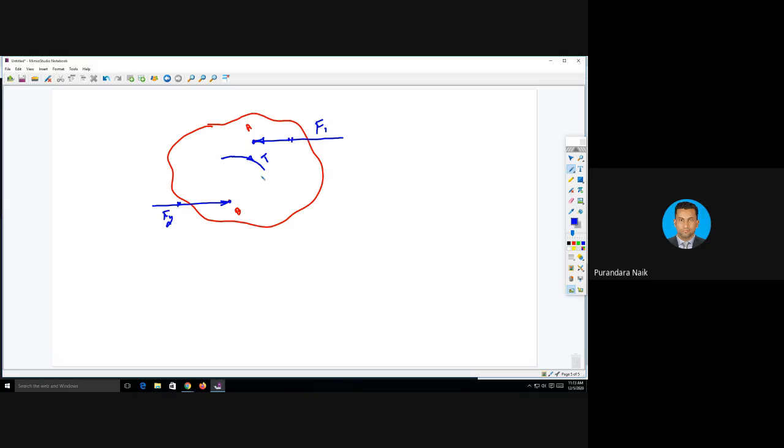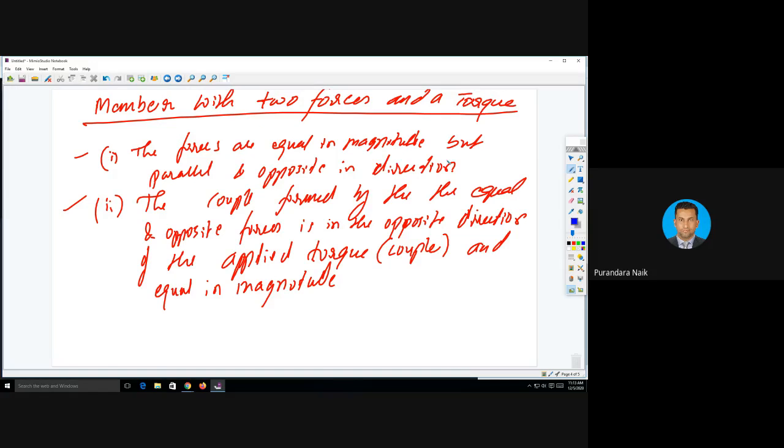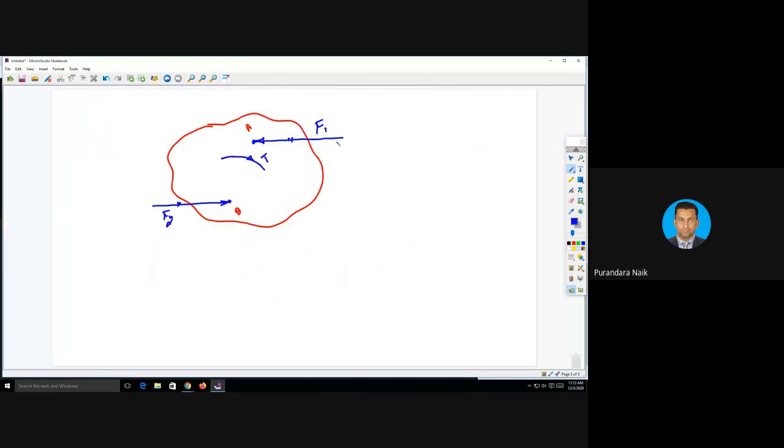I have drawn them parallel, but they should also be opposite, not in the same direction. Parallel and opposite in direction, so the first condition is satisfied. Second condition: let us consider I have a body, one force is acting like this, another force is acting like this. What happens? F1 and F2.